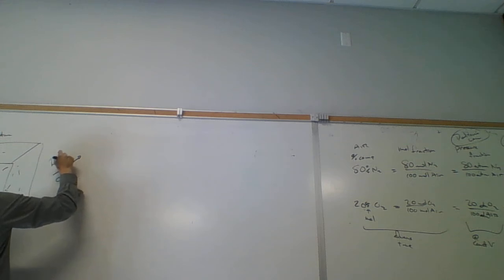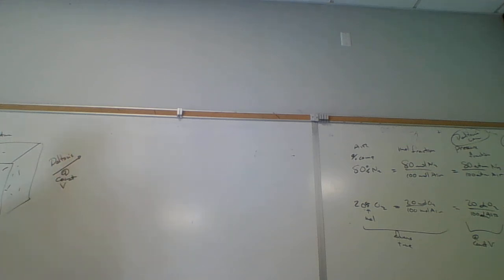So this is Dalton's at constant volume. Okay, so I have N2, and when we visualize this 100 liters of air at 1 atmosphere, how many liters of N2 do I have?